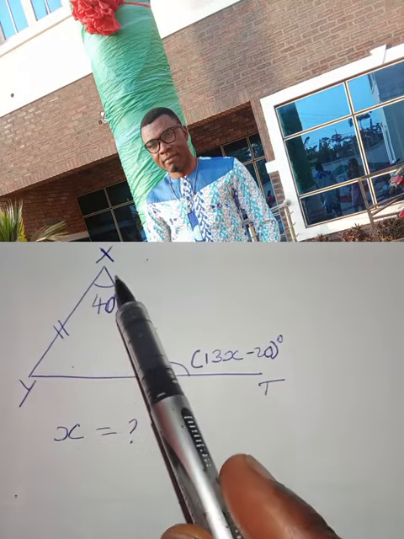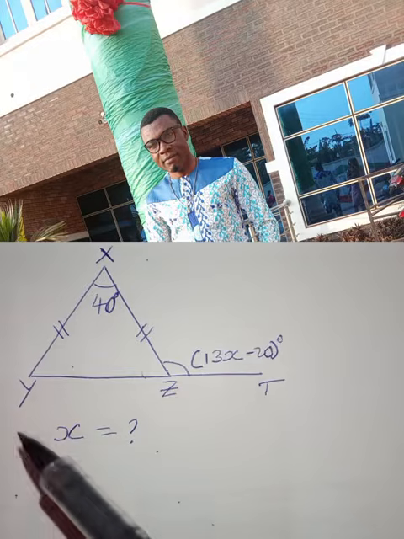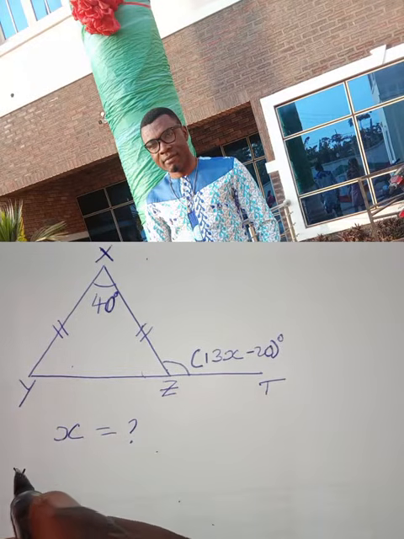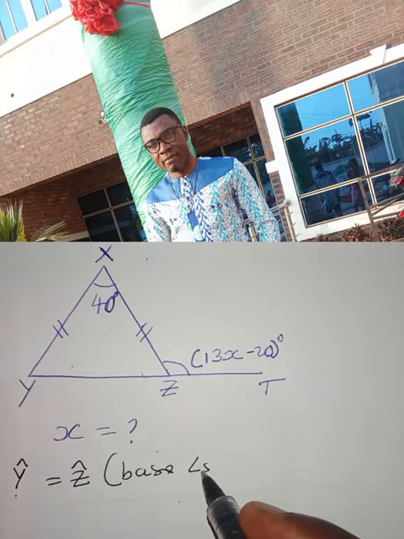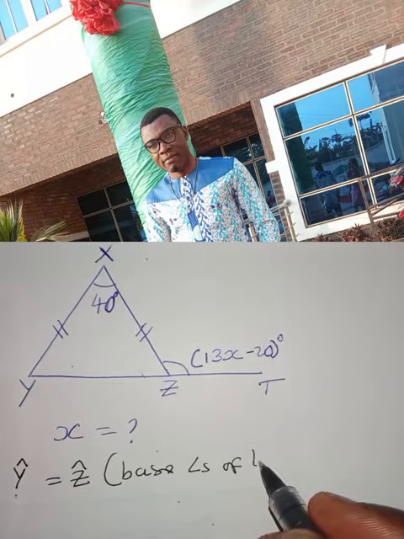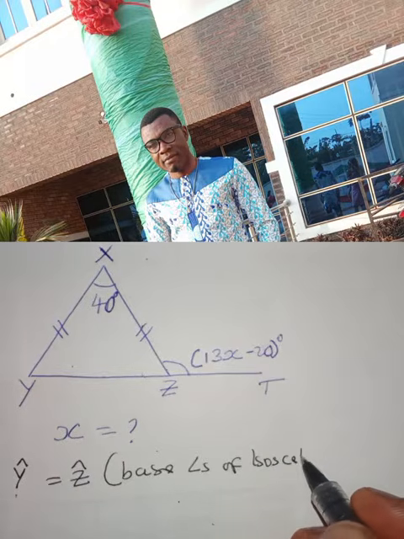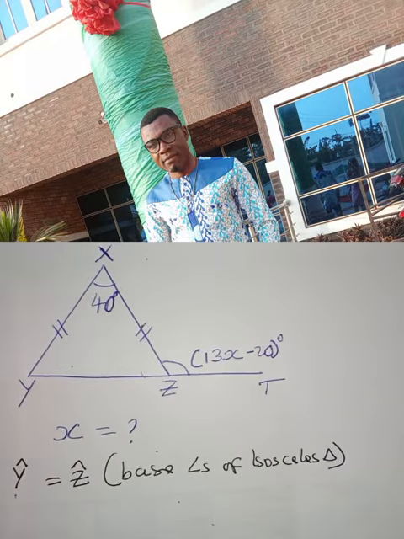So if this XYZ triangle is an isosceles triangle, angle Y is definitely equal to angle Z because they are base angles of an isosceles triangle. So if we know that, then it means that they are equal.